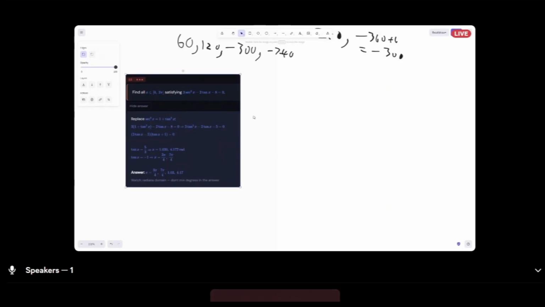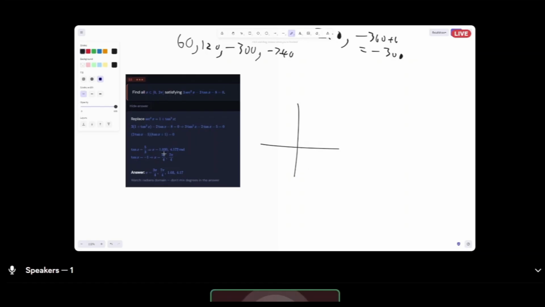So tan x equals 5 over 3, write this down. This is in radians, right? In your answer, the first angle of inverse tan of 5 over 3 is 1.03.